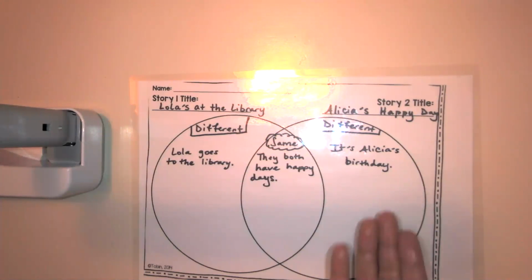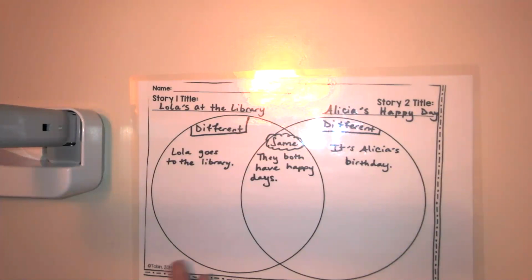Like remember in Alicia's happy day, we can think about where she's at. She looks like she's in the city. And Lola does not look like she's in the city. We don't know where she's at. She could be in the city, maybe, maybe not. We definitely know Alicia is in the city. And then we also know that Lola and her mommy, they go and they get a snack.